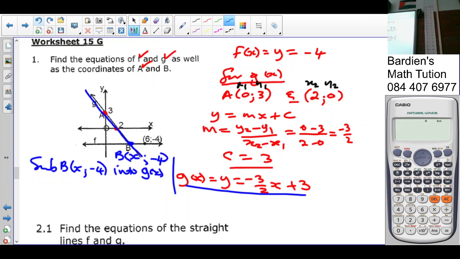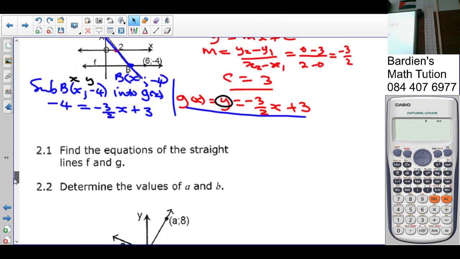If I substitute the y in, I get the corresponding x value out. So negative 4 equals negative 3 over 2, x remains x, plus 3.